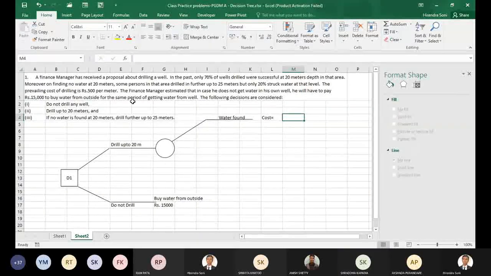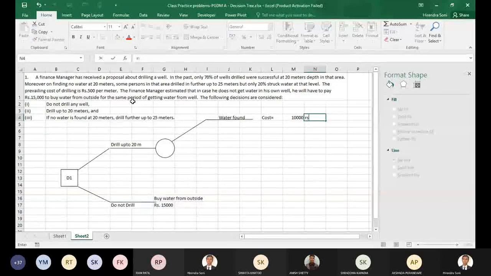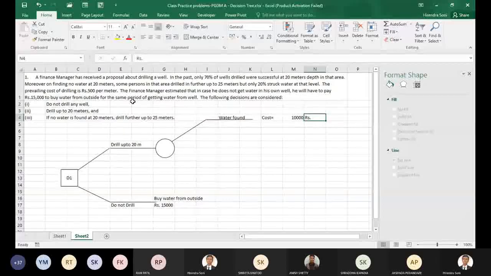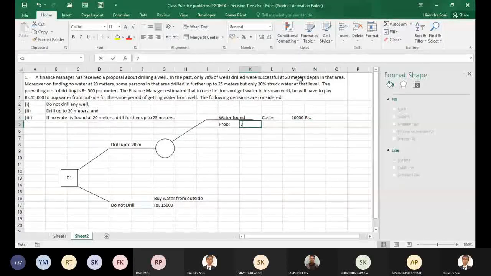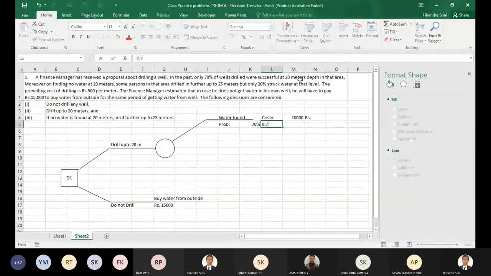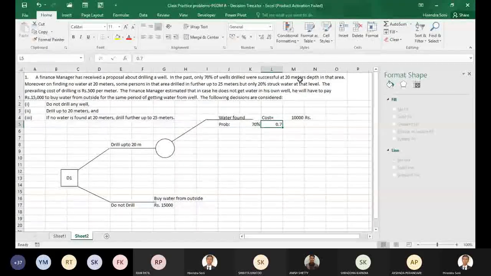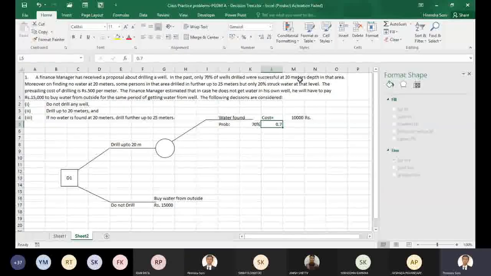Yes, sir. What is the probability of getting water here? Only 70% of wells drilled were successful at 20 meters. So that means 70%, or we will write it as 0.7. Correct? Yes, sir.